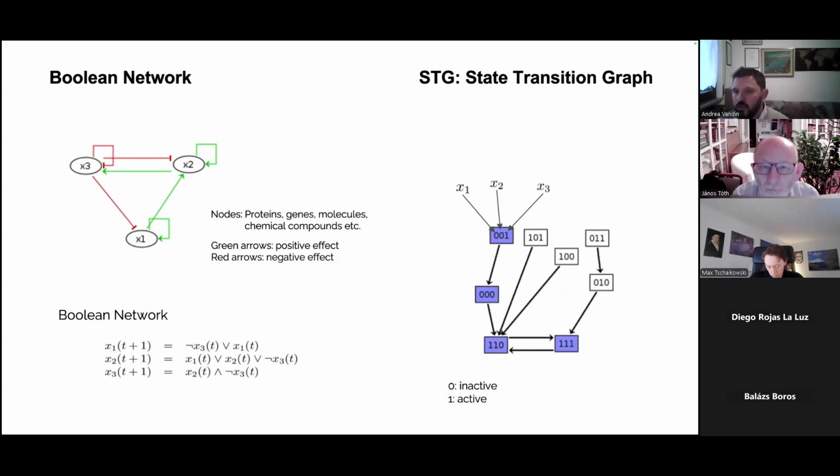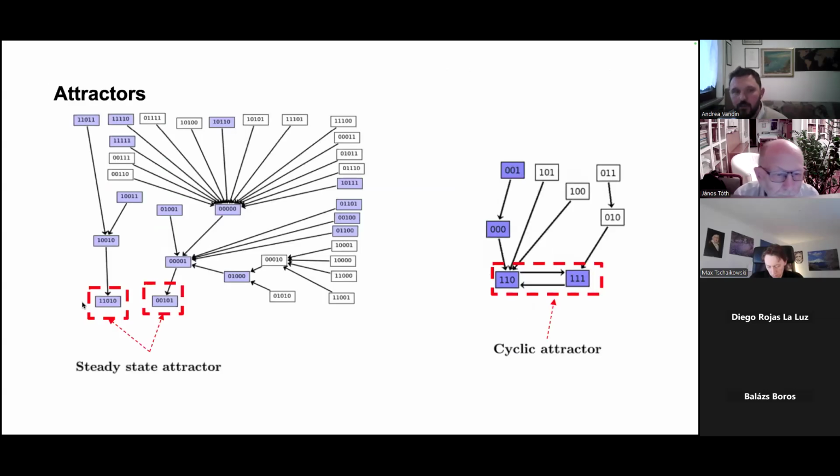And what you are interested in is studying attractors, single steady state attractors or cyclic attractors. Biologists believe that attractors represent different functions, different statuses of the system you're studying, like tumor, not tumor.